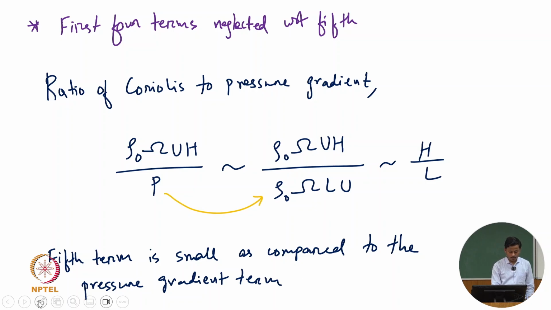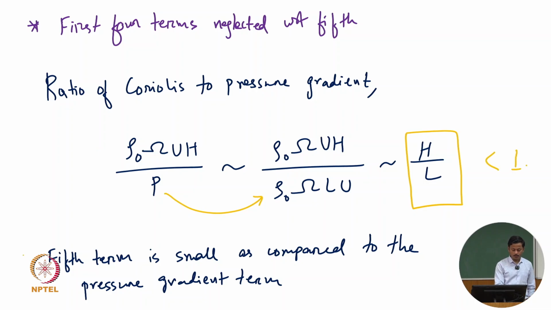And why is that so? Because H by L is much less than 1. This is one of the defining characteristics of geophysical flows. The vertical dimensions are much smaller than the horizontal dimensions, and L can represent both x and y. Please remember that H is always the vertical, and L can be both x and y. We have given some examples of tornadoes, cyclones and oceanic currents where the vertical scales are much smaller. So because vertical scales are much smaller, this ratio is much smaller than 1.